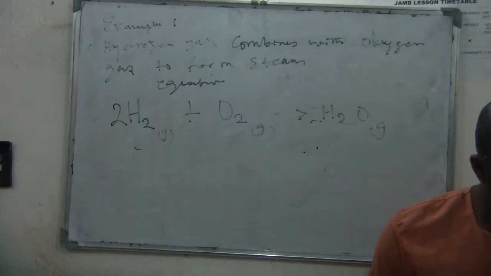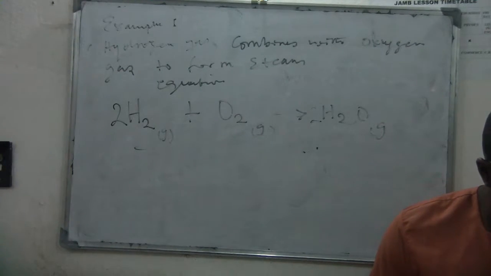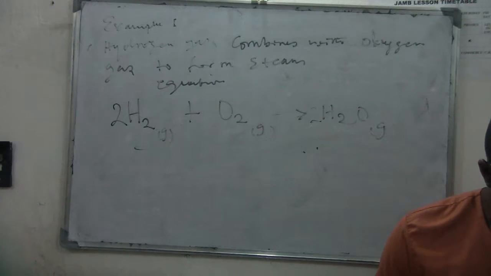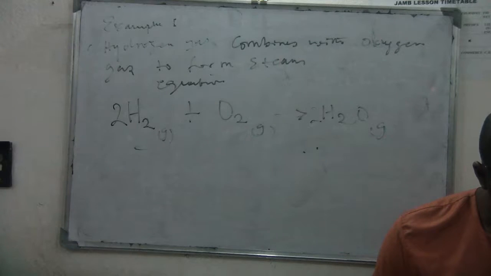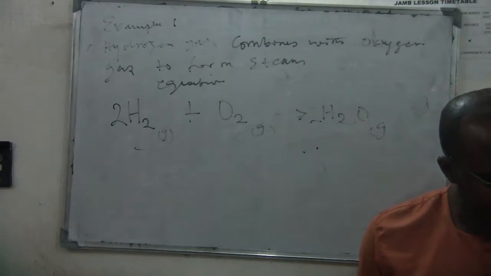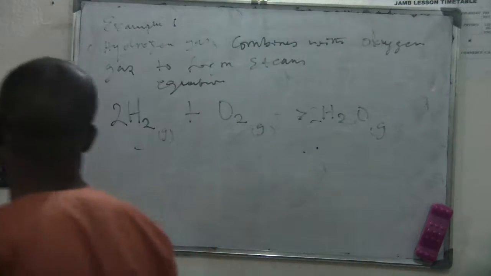Now we look at the second example. Copper metal reacts with concentrated trioxonitrate(V) acid to form a greenish blue solution of copper(II) trioxonitrate(V), and water, with the evolution of a brown gas, nitrogen(IV) oxide.